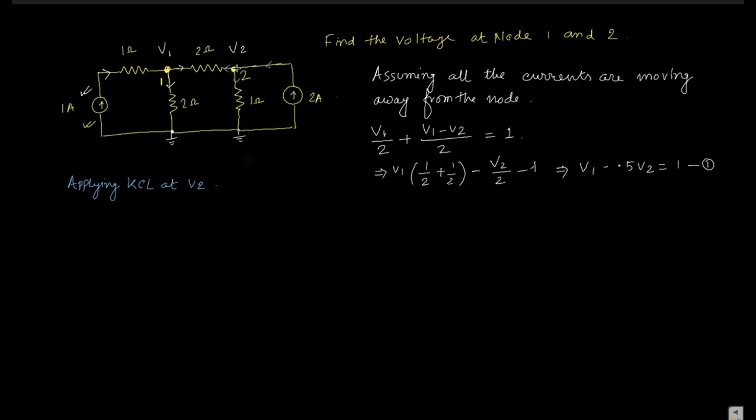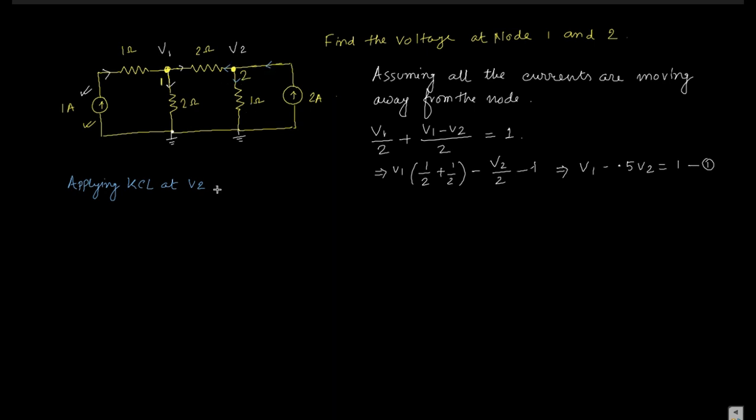So from V2 some current is moving away from this node and some current is moving away from this node here, but the direction of the current is in this direction. So here you can consider that the current is entering the node, and these two currents are leaving from the node.